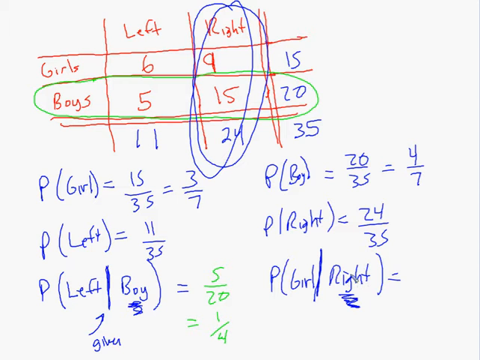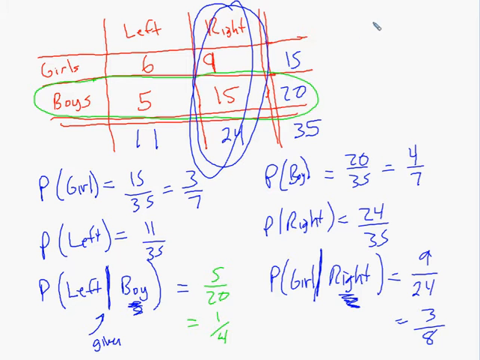I have already gotten the righty, and I know it for a fact. All right, so I have 24 righties to select from, right? And only 9 of them are girls. So I can reduce that to 3/8. Okay? So we do need a table. We could also do this on a tree diagram, which we'll work on tomorrow a little bit.